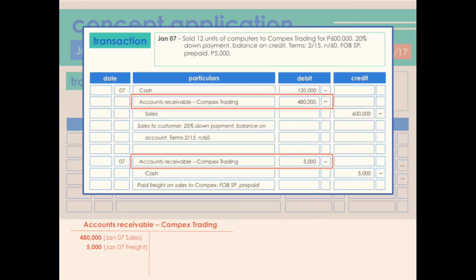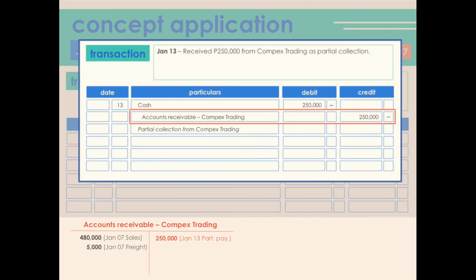Referring to the entry on January 7, accounts receivable was debited for 480,000 pesos for the sales made, and another debit was made for the freight amounting to 5,000 pesos. Referring to the entry on January 13, accounts receivable was credited for 250,000 for the partial collection.